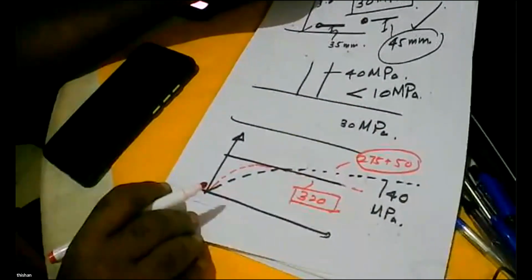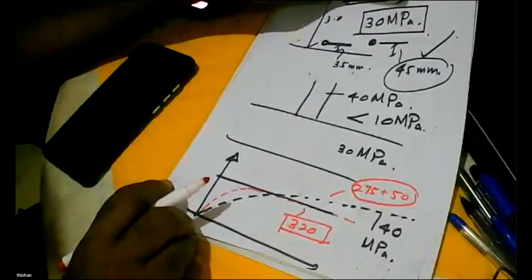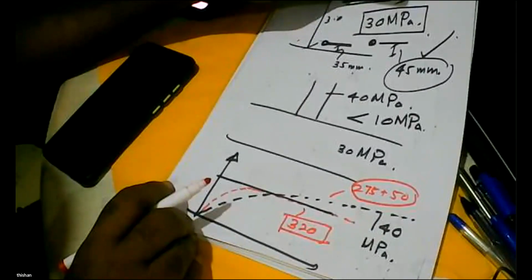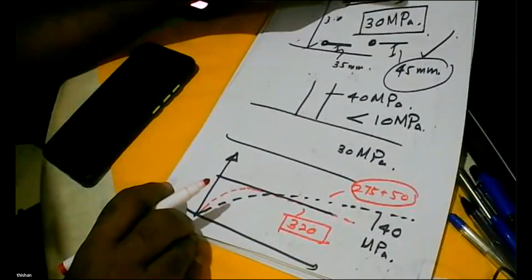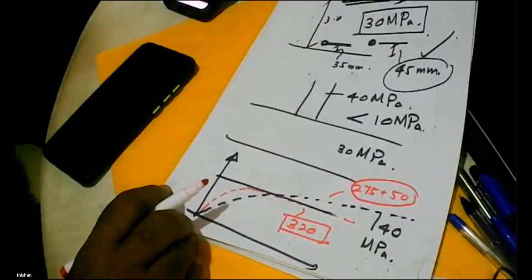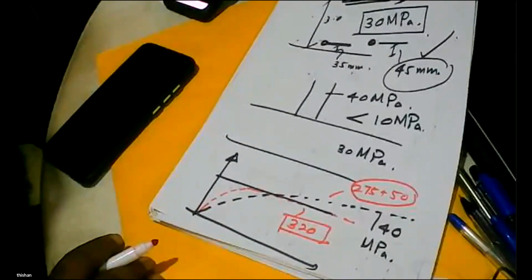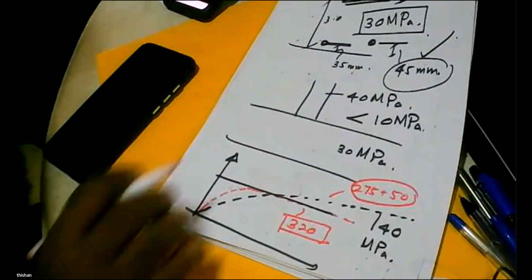Which one is better? The 15% fly ash based concrete is far better than Portland cement concrete. Is that clear? Yes. Bashidu? And others also can tell me if anything is not clear, I can repeat it.